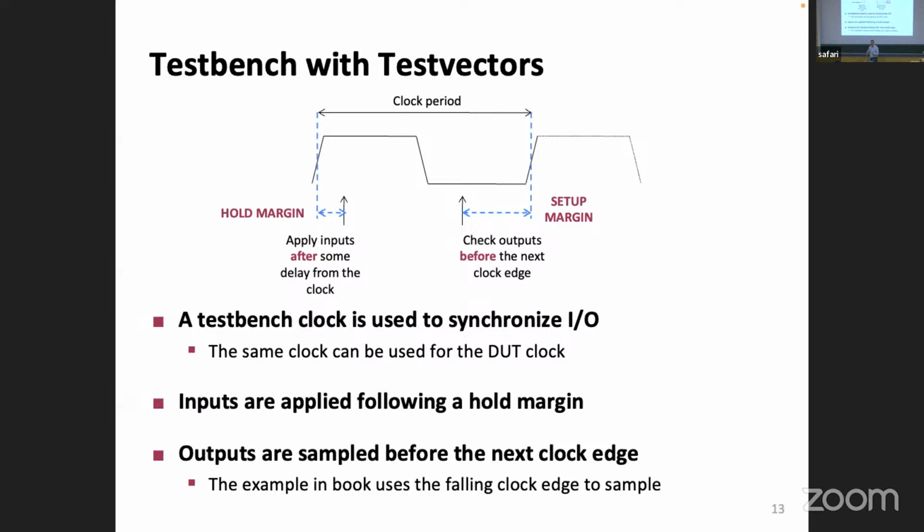Once you have real delays, ironically, it can happen that the clock can also get delayed, and maybe not by the same amount as the data. So you might actually end up overtaking one another. So you want to generate your test benches in a way that there is a nice and clear separation between the two.